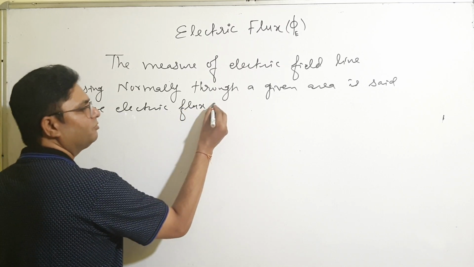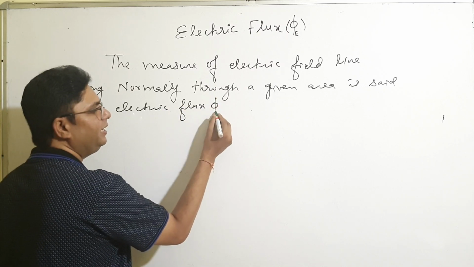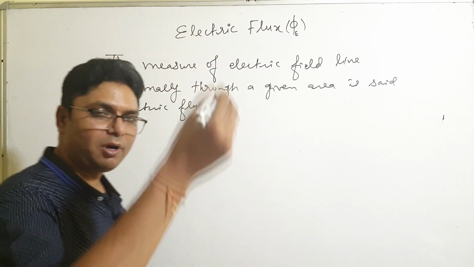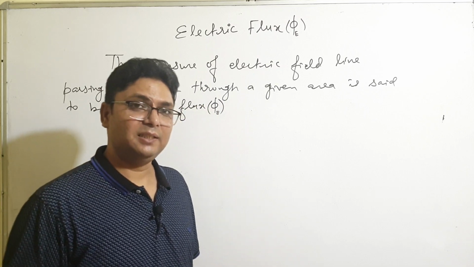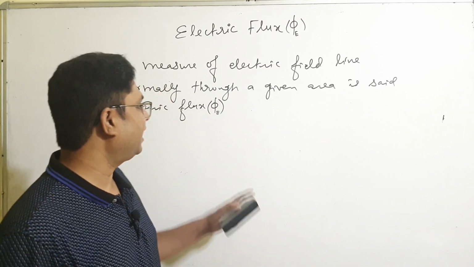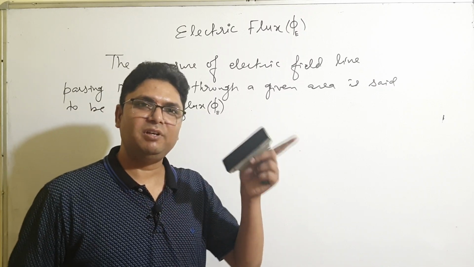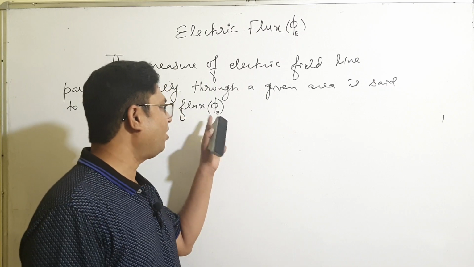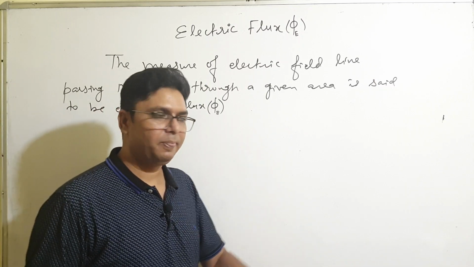The symbol is phi and here E is written for electric flux, because in other chapters such as in magnetism there is magnetic flux also. There we write phi m. So to distinguish between electric flux and magnetic flux, we use the symbols phi E and phi m.